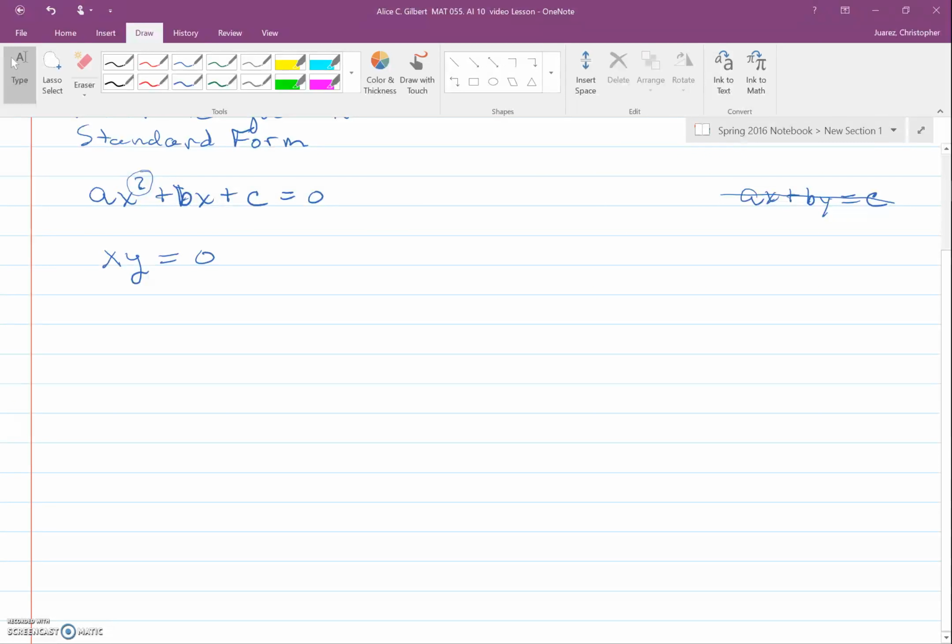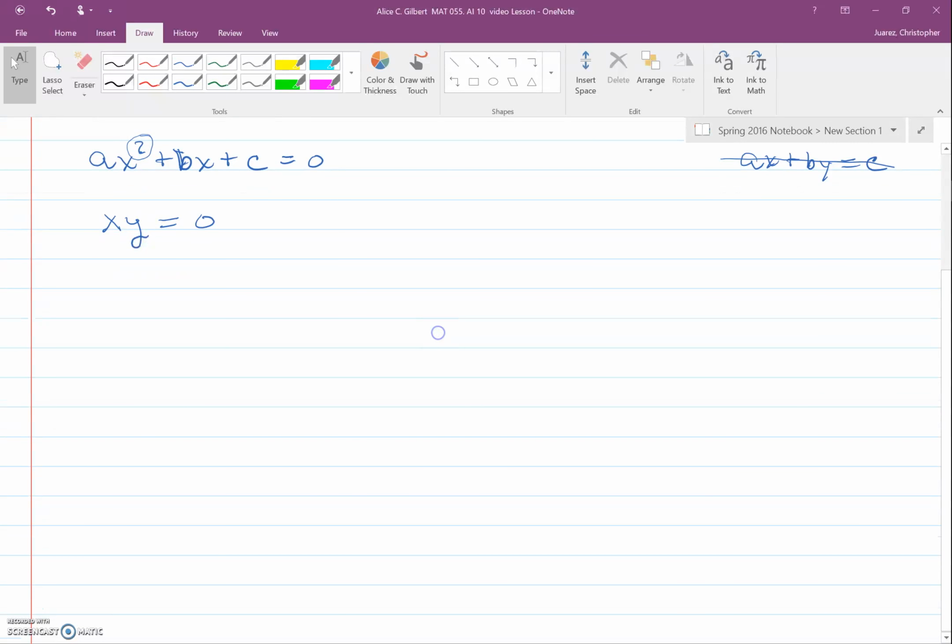Think about it for just a second, and then come back, and we'll go on. So, if these are being multiplied together, the answer is called the product. When that product is 0, it means either x has to be 0 or y has to be 0.